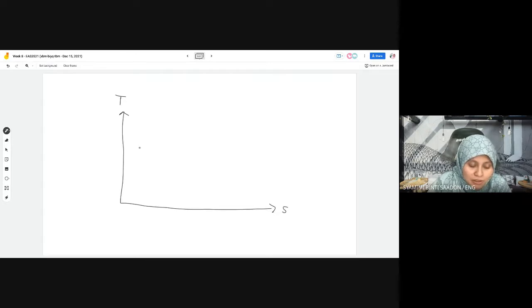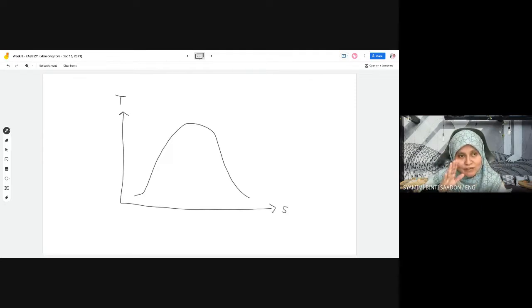So the TS diagram, if you Google, or if you have any thermodynamic books, you can also Google the TS diagram. It's kind of like this. It looks a bit like a hill, I just want to make sure. But for certain fluids, the mountain is a bit tilted.